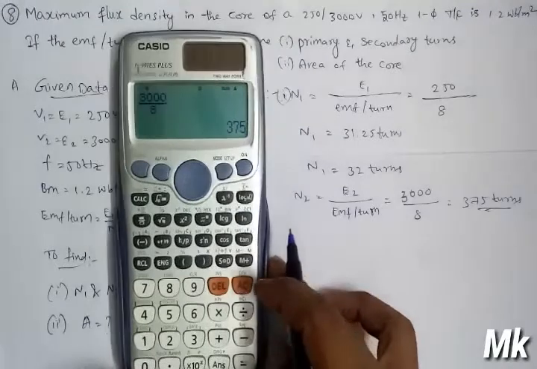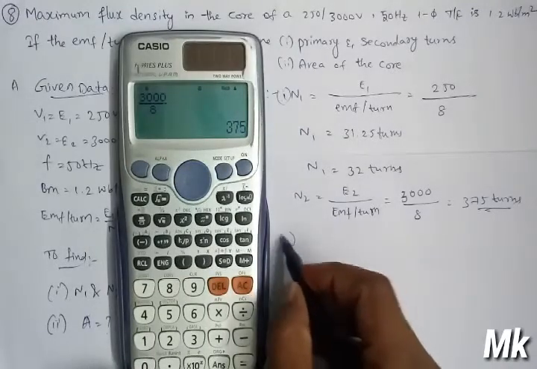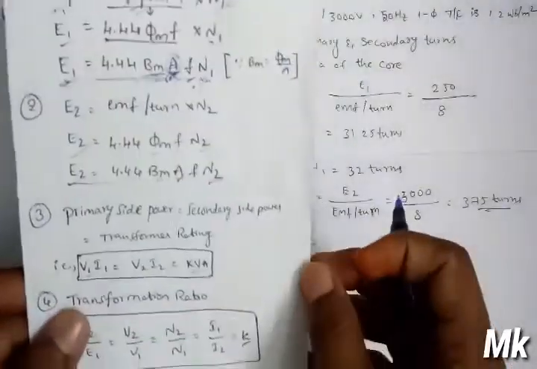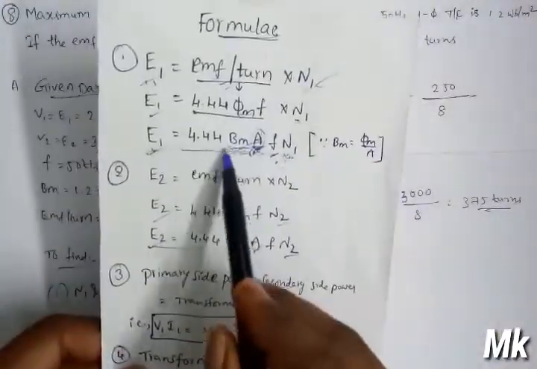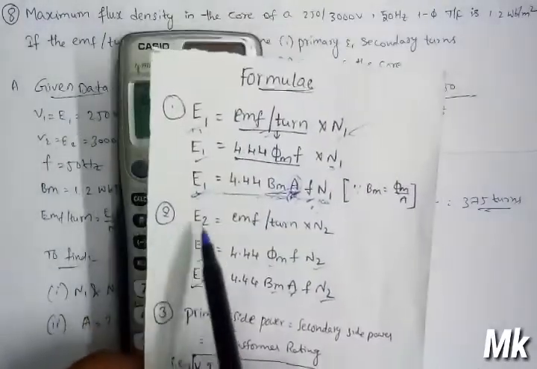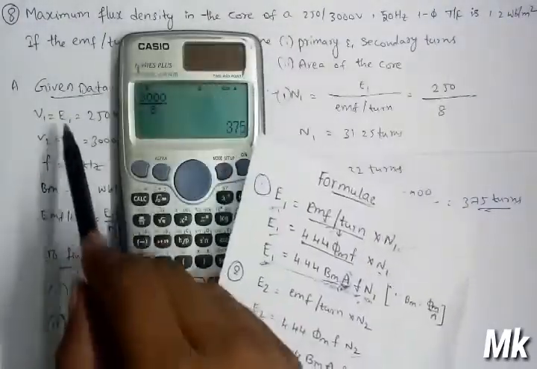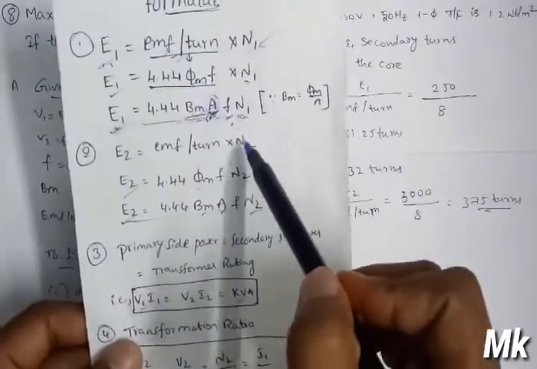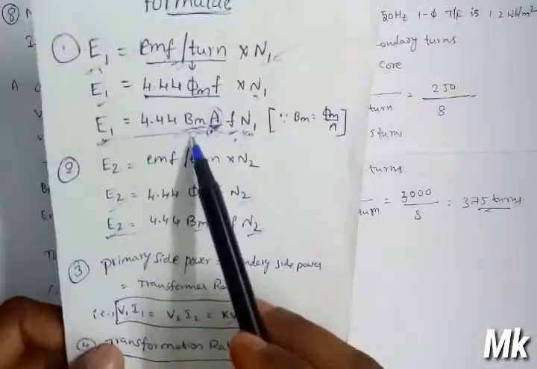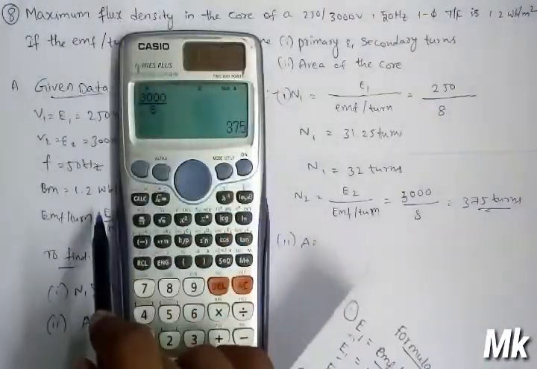Finally, area A. To find area, see there are two ways. Here E1 is there, E2 is also there, and N1, N2 turns. Here N1 and N2 turns are found, and Bmax is given here 1.2 Weber per meter square.